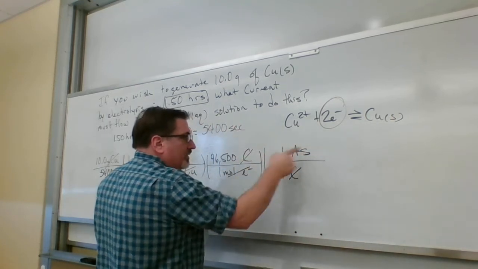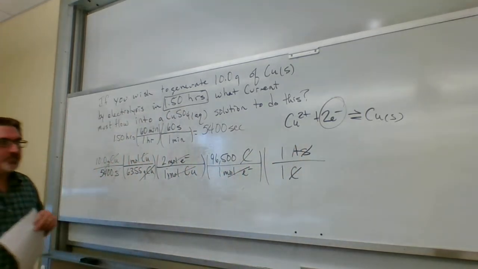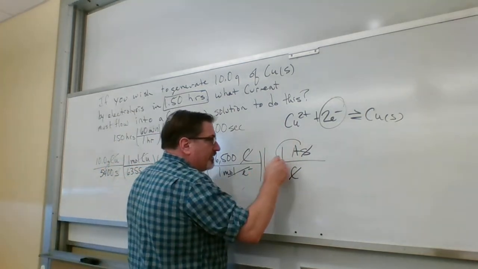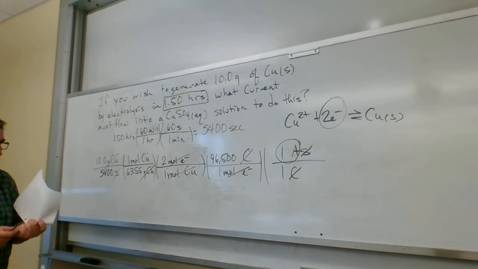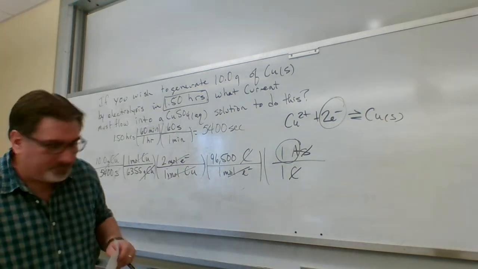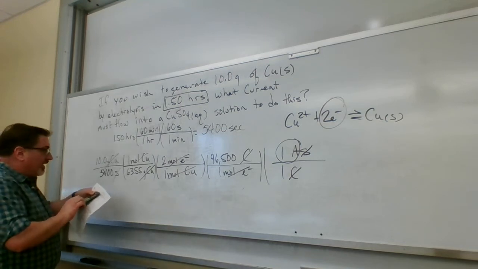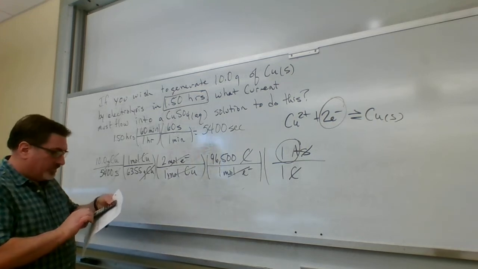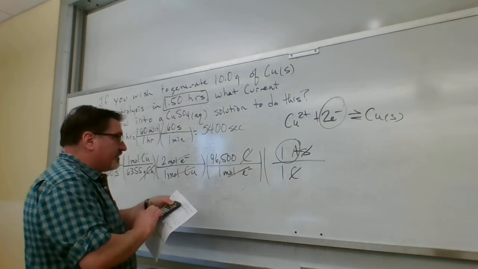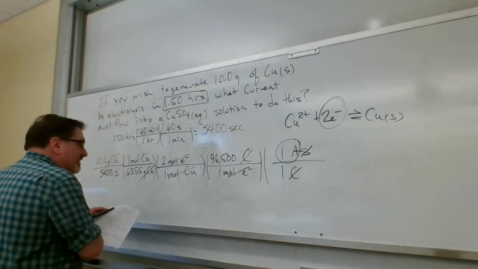Coulombs cancel. Seconds cancel with our original seconds. Only unit left is the current that must flow. Okay. So now we calculate that one. So 10 divided by 5400 divided by 63.55 times 2 times 96500 equals 5.62 amps.